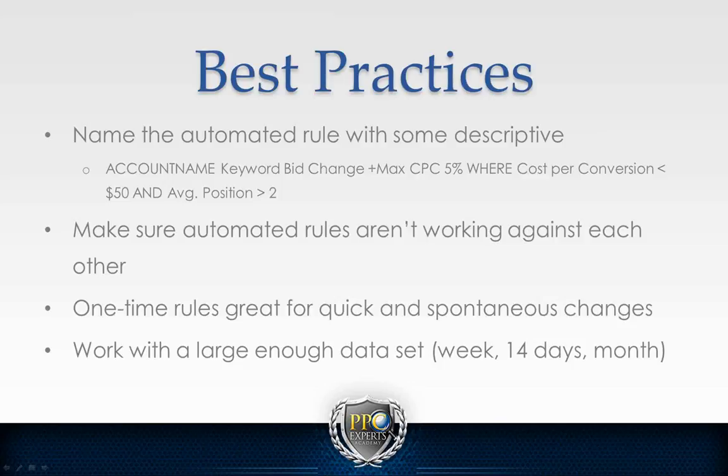So let's say my threshold for cost per conversion is $100. Well, if anything has less than a $50 cost per conversion, I've got a lot of room to play with. I can go up to 100. So these are really profitable and good keywords.